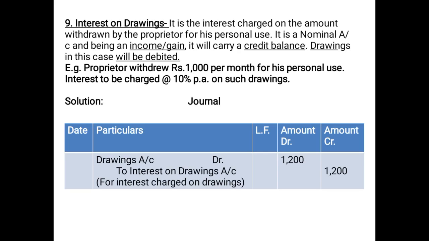So interest on capital is paid by the business to the proprietor, but interest on drawings is paid by the proprietor to the business, and therefore it is an income for the business, and therefore it carries a credit balance.